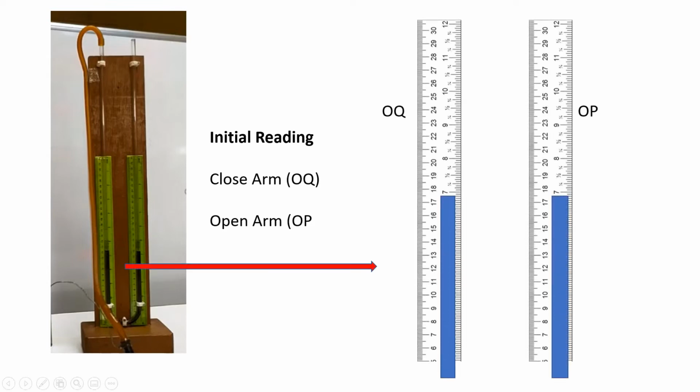Okay, so this is the expanded view of the ruler in the manometer and the column of water, OQ and OP. You may pause the video if you need more time in reading.